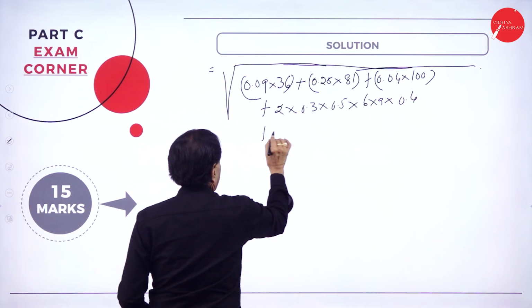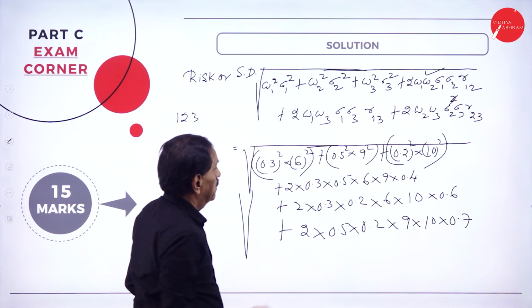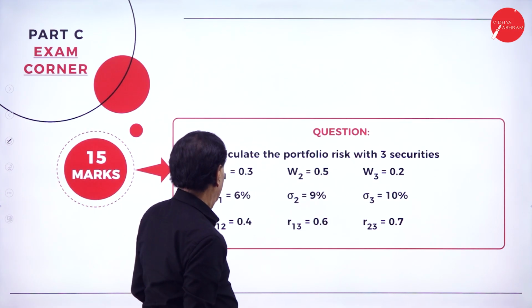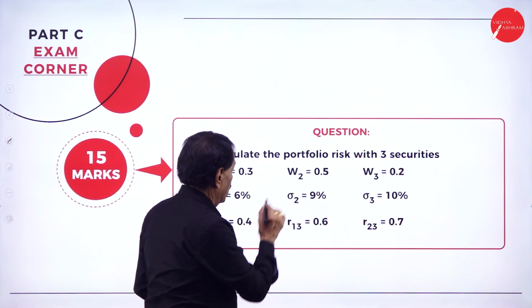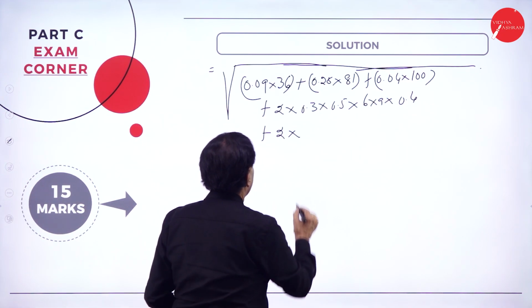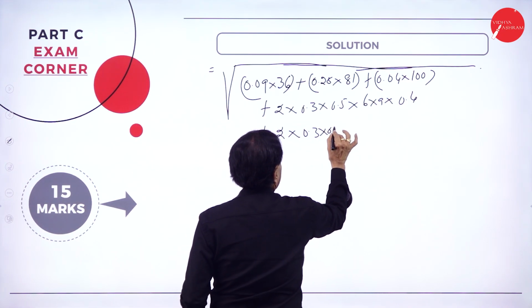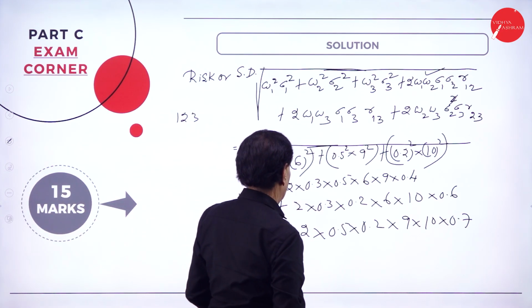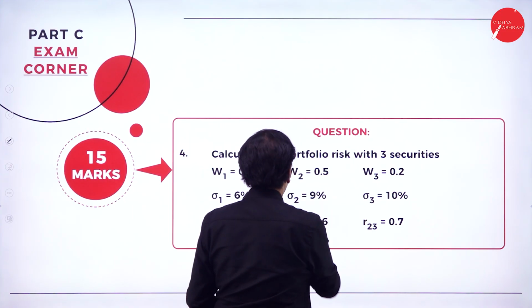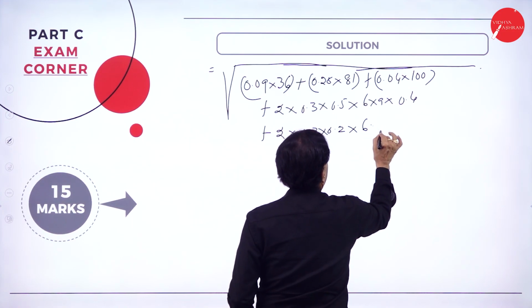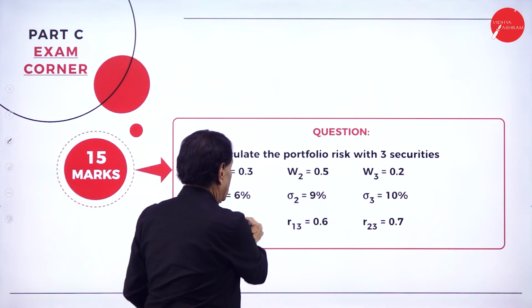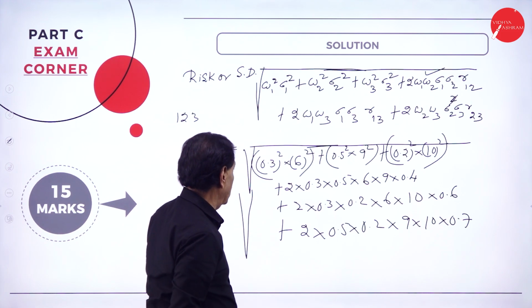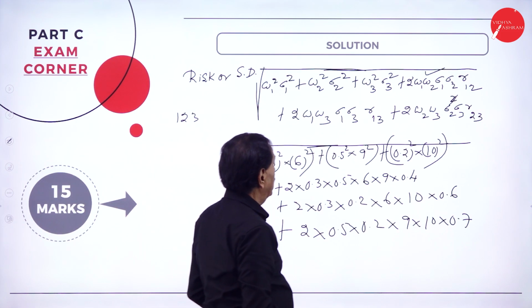Plus 2 into W1 0.3, W3 0.2, into standard deviation 1, 6, into standard deviation 3, 10, into correlation 1,3, 0.6.